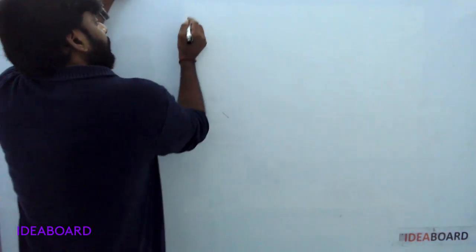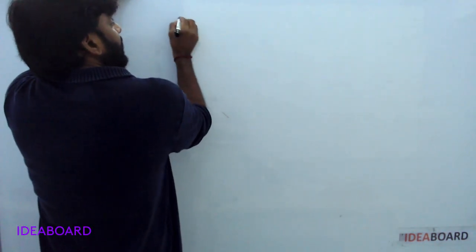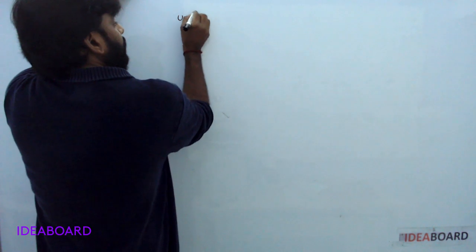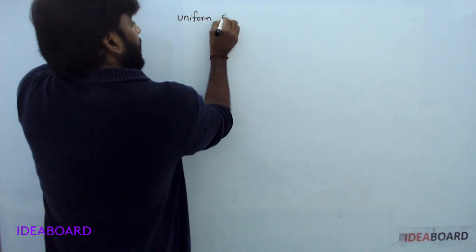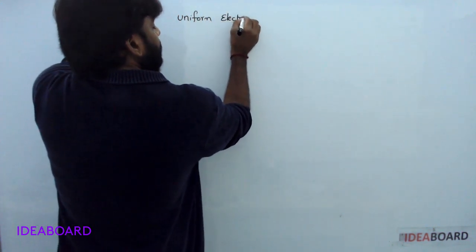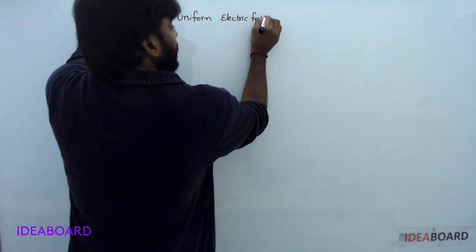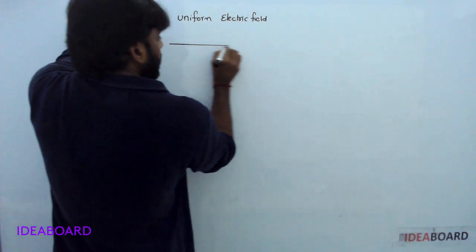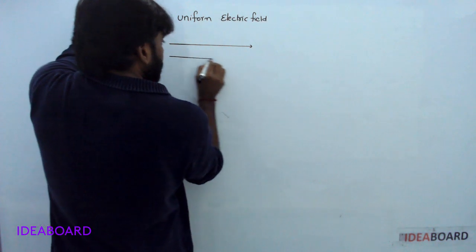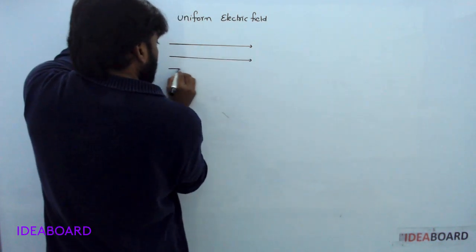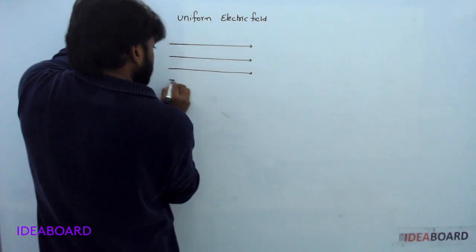Next, equipotential surfaces in a uniform electric field. This is the uniform electric field.